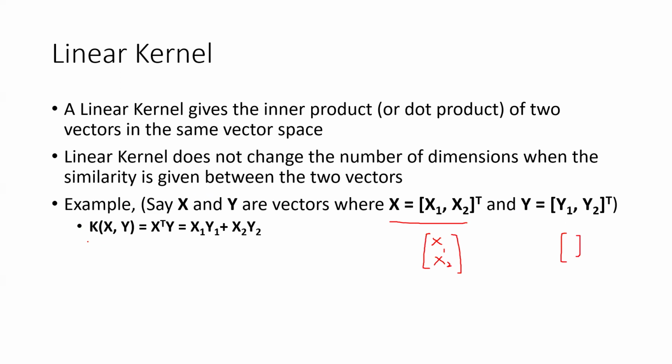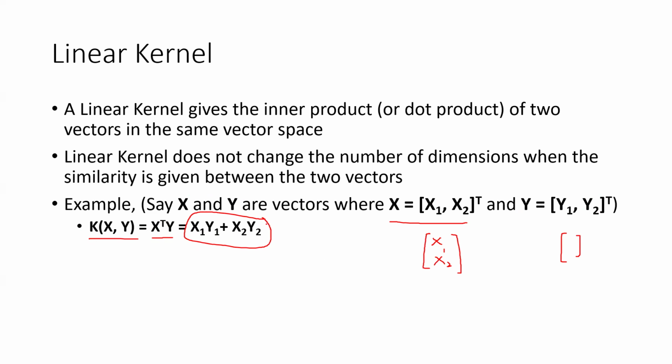When you take this linear kernel, this dot product, or this x transpose y, then the value would be x1 y1 plus x2 y2, right? There are no higher order polynomials in this linear kernel. So this is the simplest form of kernel that can be used as a kernel function, right?